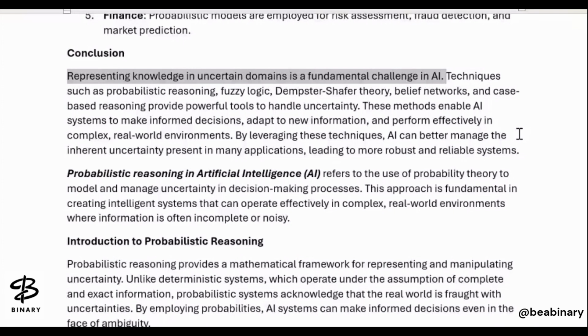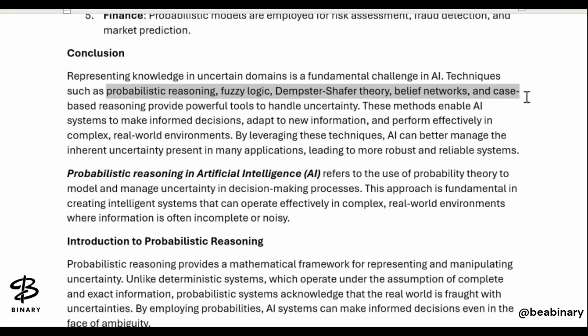So the techniques we use are probabilistic reasoning, fuzzy logic, Dempster-Shafer theory, belief networks or Bayesian networks, and case-based reasoning, which provide powerful tools to handle uncertainty.